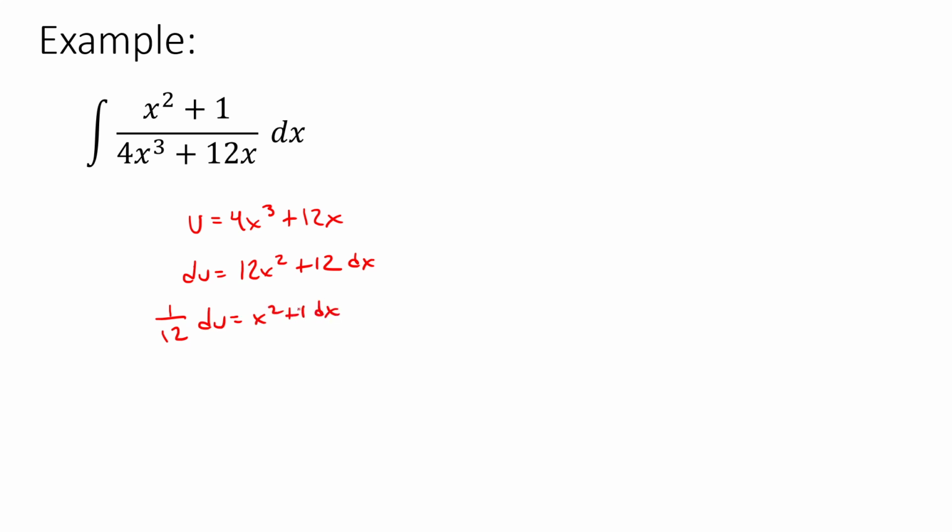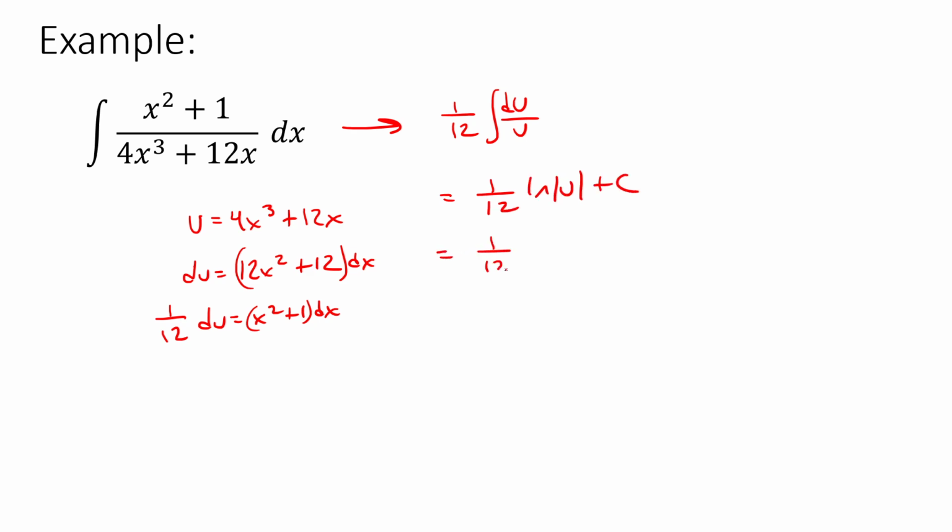So you're just trying to make it match exactly. And now we can set this up. Put the 1/12 in front, du over u, which is 1/12 ln of u plus c, and then fill in your x. So 4x cubed plus 12x plus c.